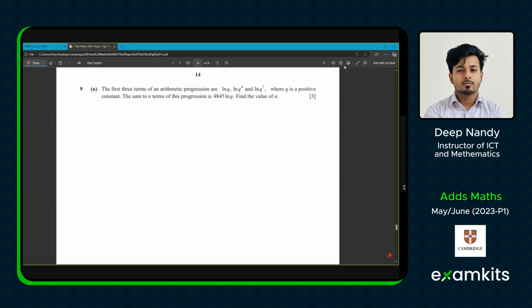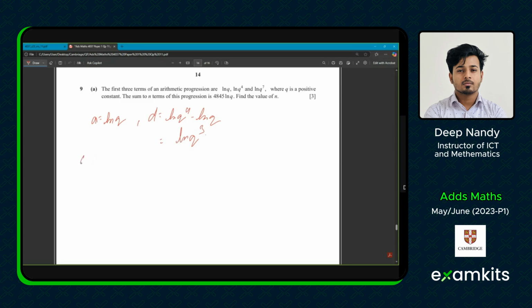So we know here the first term is ln q. The common difference equals to ln q^4 minus ln q, which equals to ln q^3.